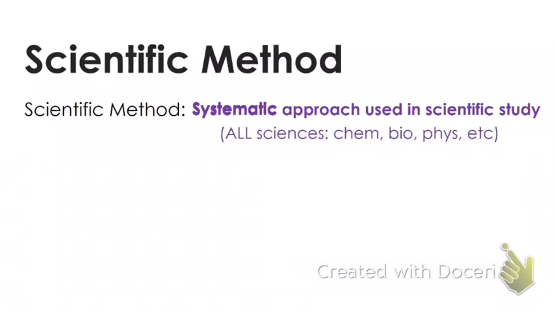Now, we do use the scientific method in all sciences, no matter what science class you take in high school, whatever fancy sciences you go on to in college, and you probably even use the scientific method occasionally outside of your science class, because it is really just an organized approach to solving a problem or answering a question or something.